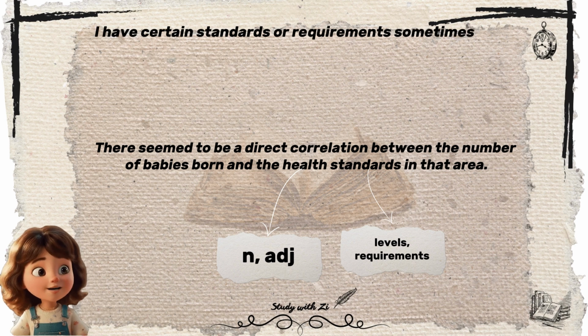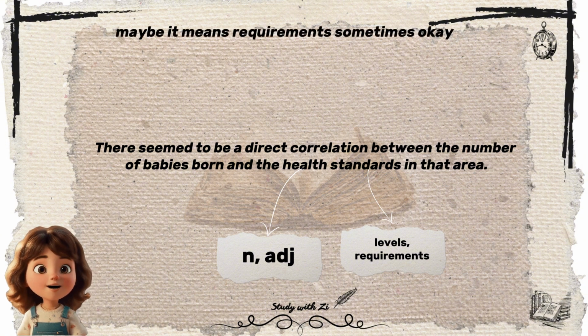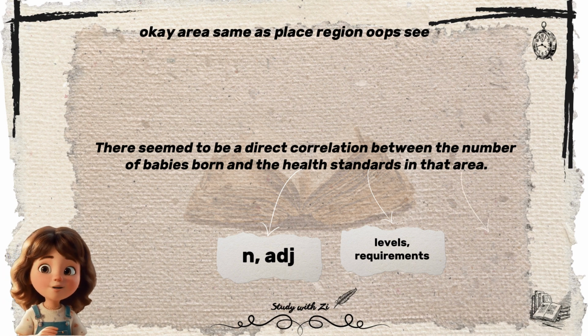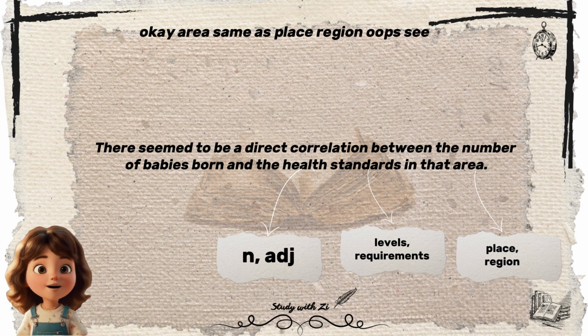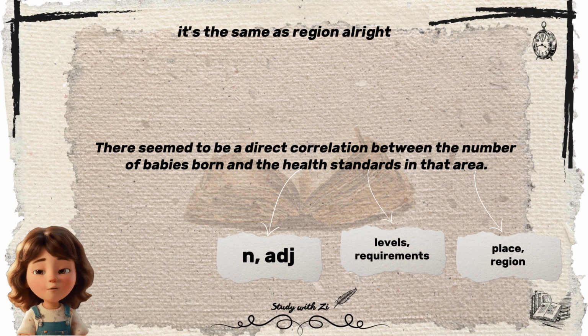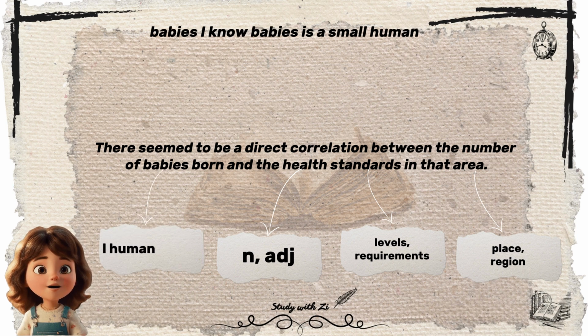I have certain standards or requirements sometimes. Maybe it means requirements sometimes, okay? Maybe it means this one. I understand that. Area, we know, okay, area, same as place, region. All right. Babies, I know babies is a small human.